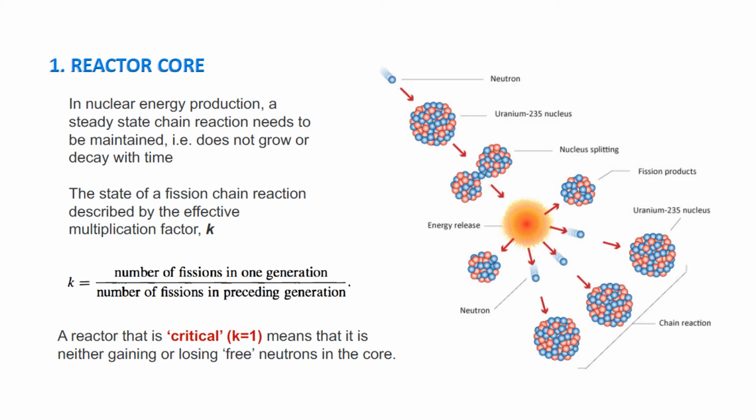The state of a fission chain reaction is described by the effective multiplication factor K, where K is equal to the number of fissions in one generation divided by the number of fissions in the preceding generation. A reactor that is critical, that is when K is equal to 1, means that it is neither gaining nor losing free neutrons in the core. And this is what we want with our reactor, a critical reactor.